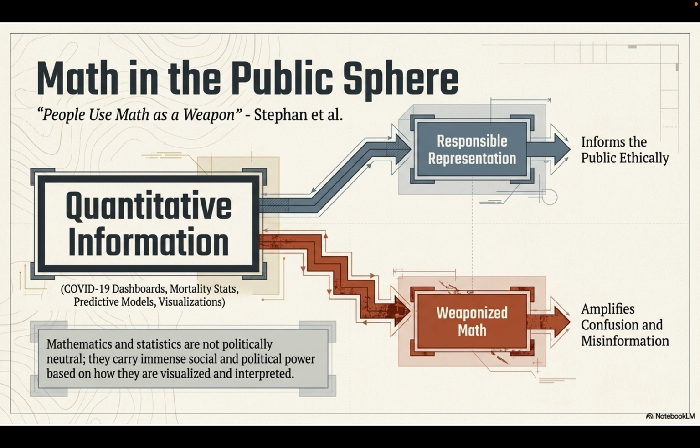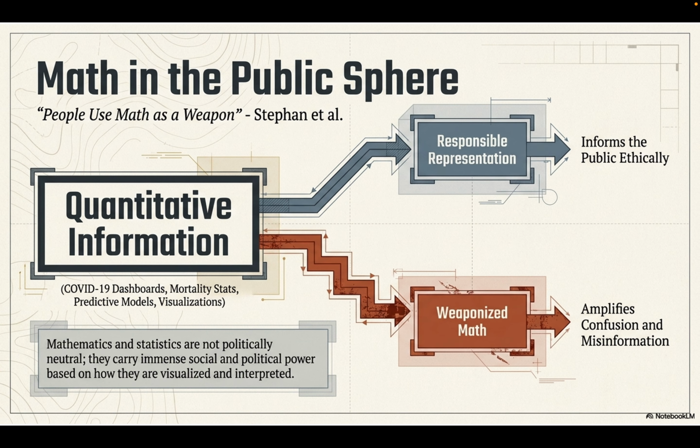One of this week's readings is Stephan and colleagues' article, People Use Math as a Weapon. This article is designed to help us think critically about mathematics and data in public and in civic contexts. During the COVID-19 pandemic, as people encountered graphs, dashboards, mortality statistics, predictive models, and visualizations, we were constantly bombarded with a lot of data.